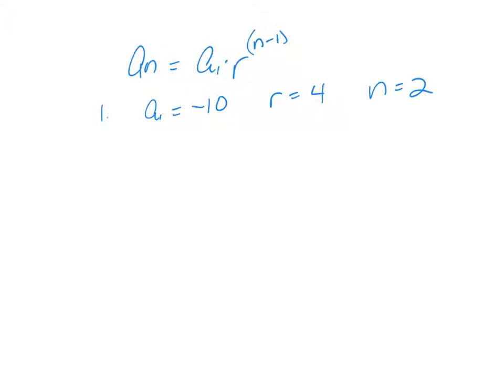The first term is -10 and r is 4. Well, you can do this two different ways. If we have a1 is -10 and they want a2, and we know that r equals 4, in a geometric series, an is just like in an arithmetic series.